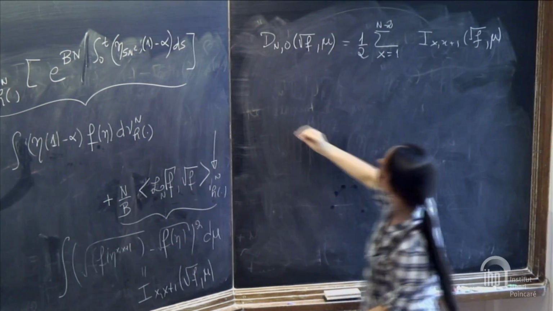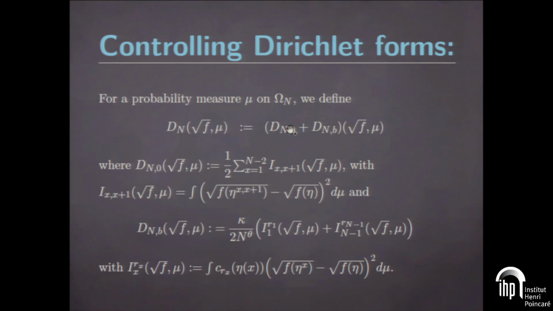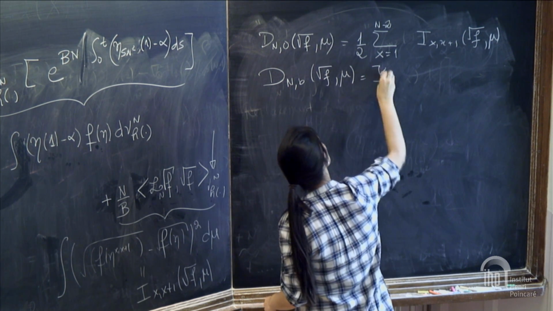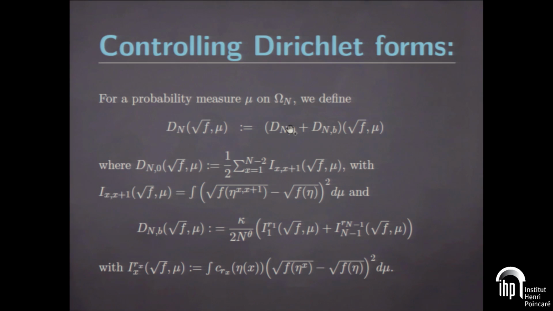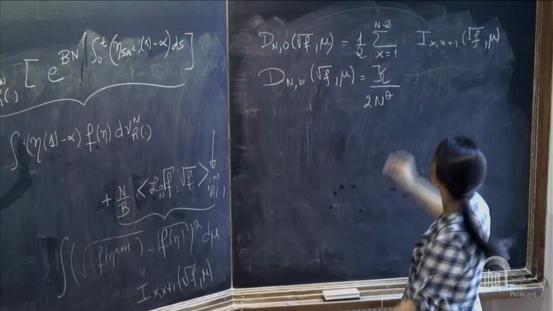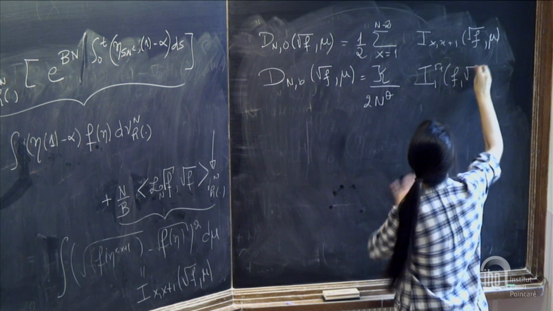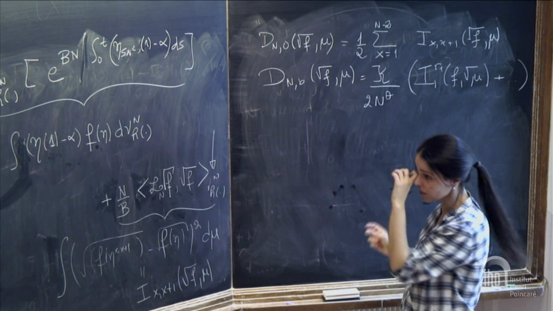And then there is the other one. Just going to write it for the left boundary. It is this k over n^theta, there is a 2, and there is this term, I_1, R_1. Then there is the other one, which comes from the right boundary.